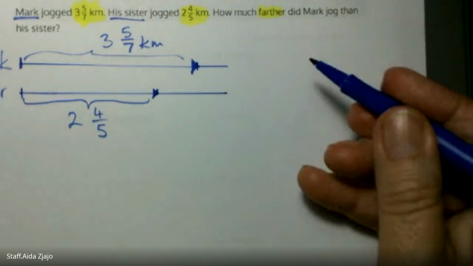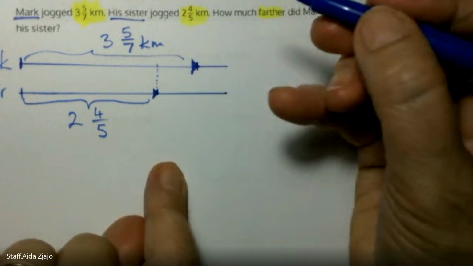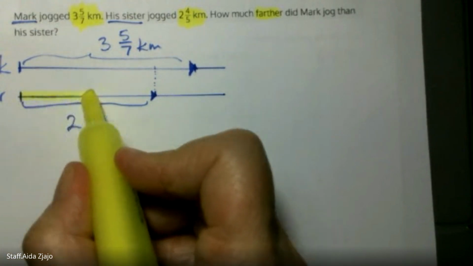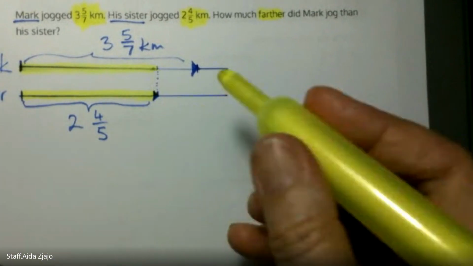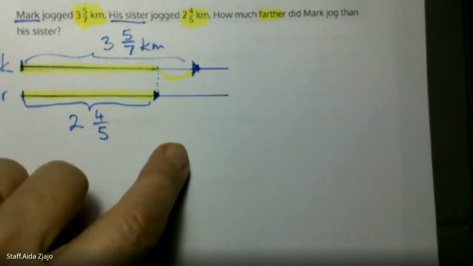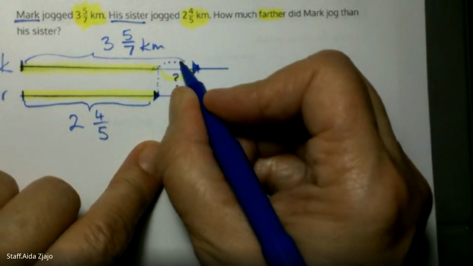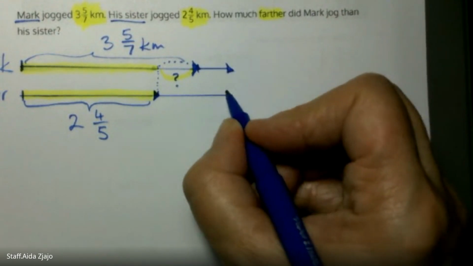If Mark ran the same as his sister, he would also be at 2 4/5. But he ran more than his sister by this much. So this is the difference that is unknown, and we need to figure it out. How much more did he run compared to his sister?